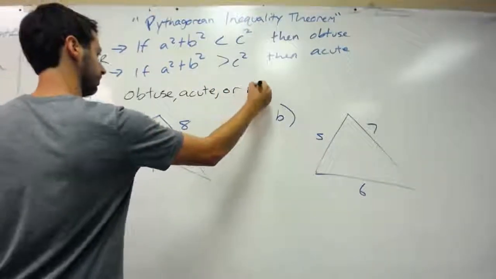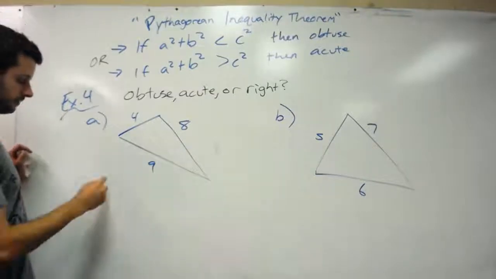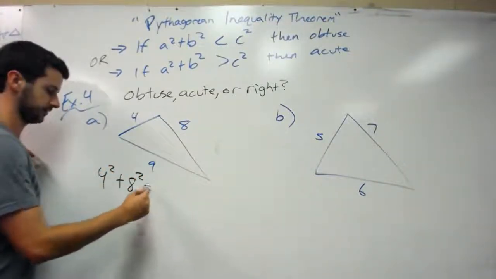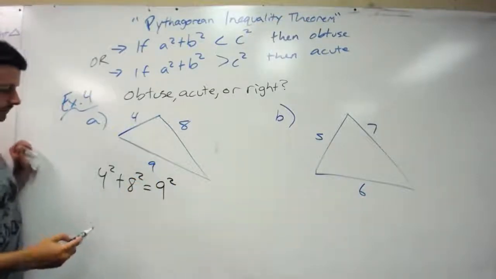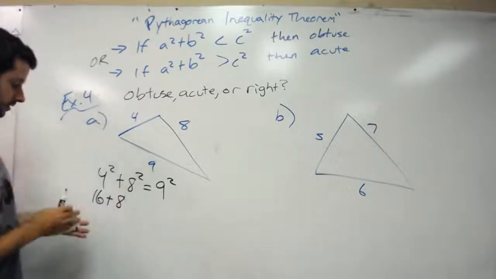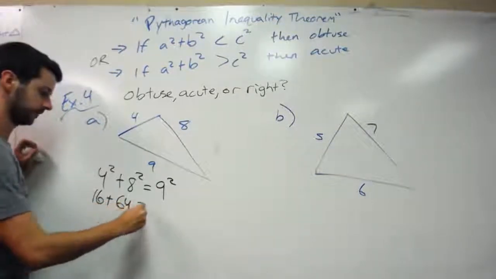And so we simply plug them into the Pythagorean theorem. Once again, smallest legs are what you do the sum of, and the longest leg is hypotenuse. So we do 16 plus 64 equals 81.